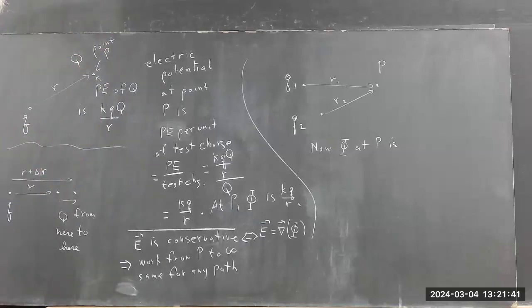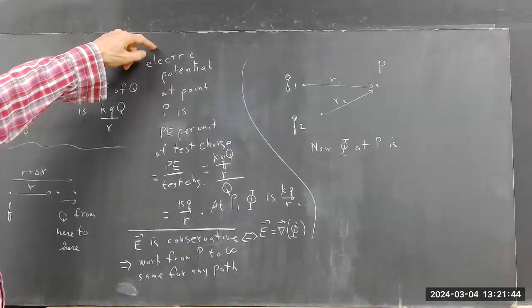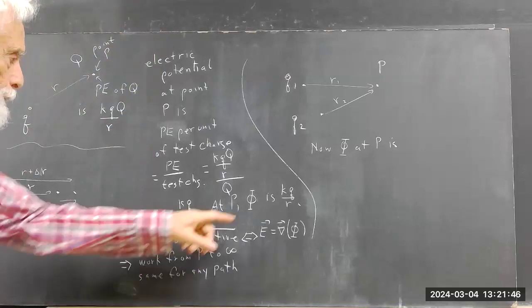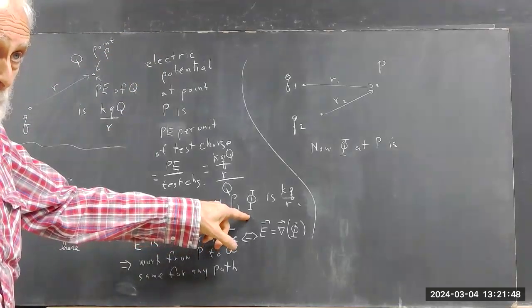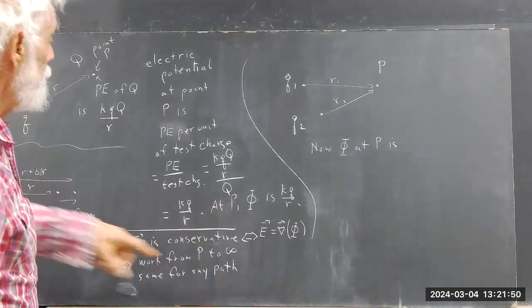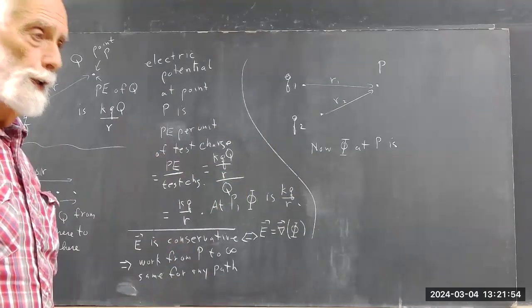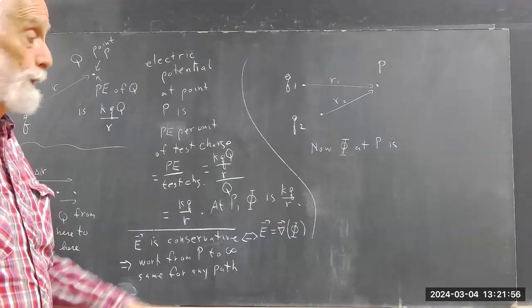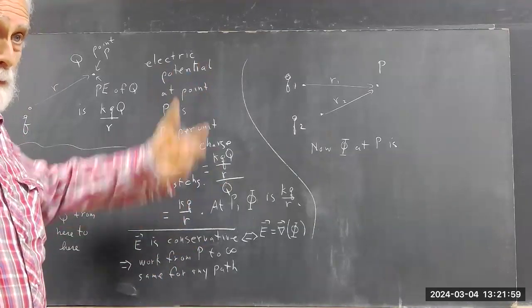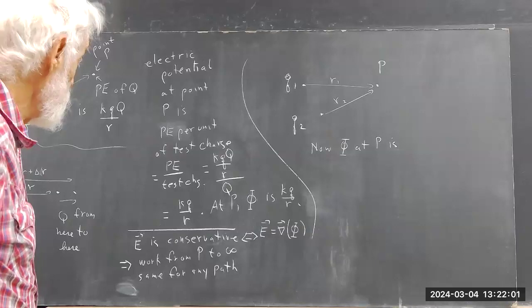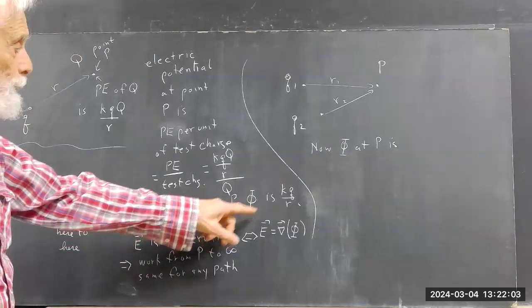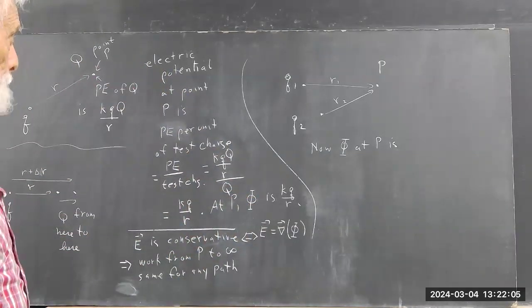Now we define electric potential, which I call phi. It's a symbol. Phi is a function of position, a function of x, y, z, or r, theta, phi, or r, theta, z, whatever coordinates we have been working in. It's a function of the position of this point.